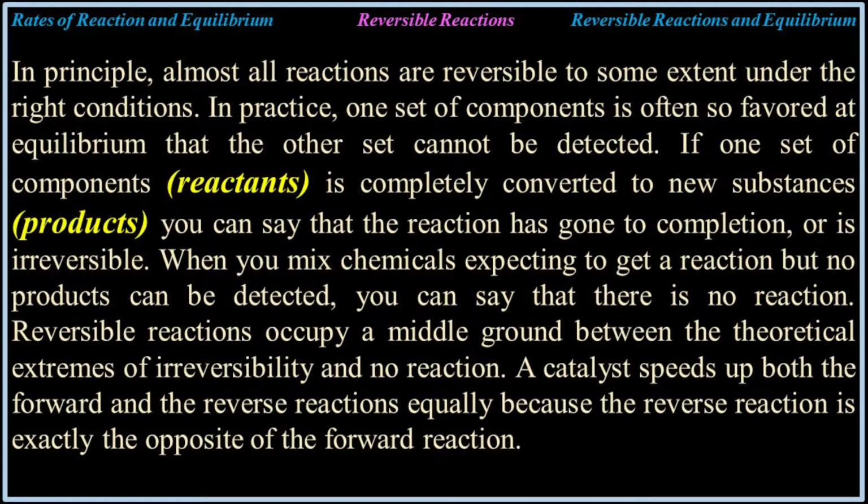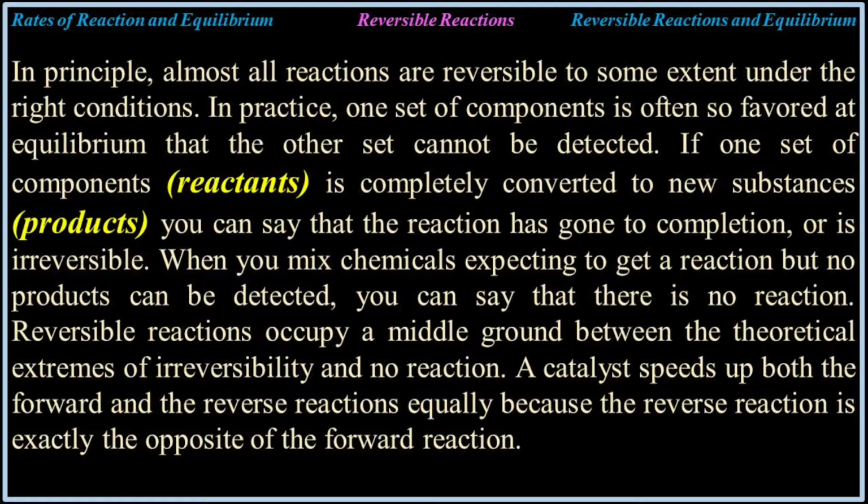In principle, almost all reactions are reversible to some extent under the right conditions. In practice, one set of components is often so favored at equilibrium that the other set cannot be detected. If one set of components, reactants, is completely converted to new substances, products, you can say that the reaction has gone to completion, or is irreversible.